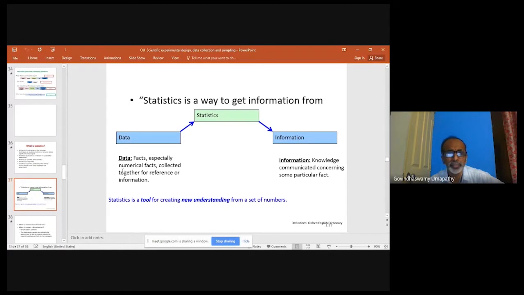You have the data, facts, especially numerical facts, collected together for inference, and you use statistics; it is converted into information. Normally the layman gets the information like this, but in the data collection a lot of statistics is involved.